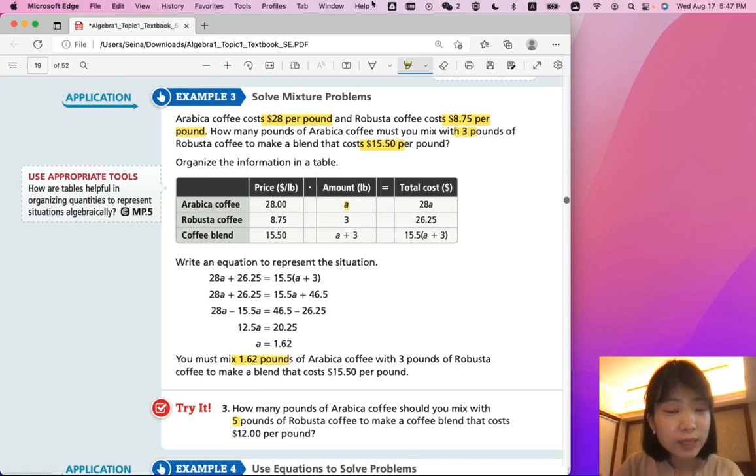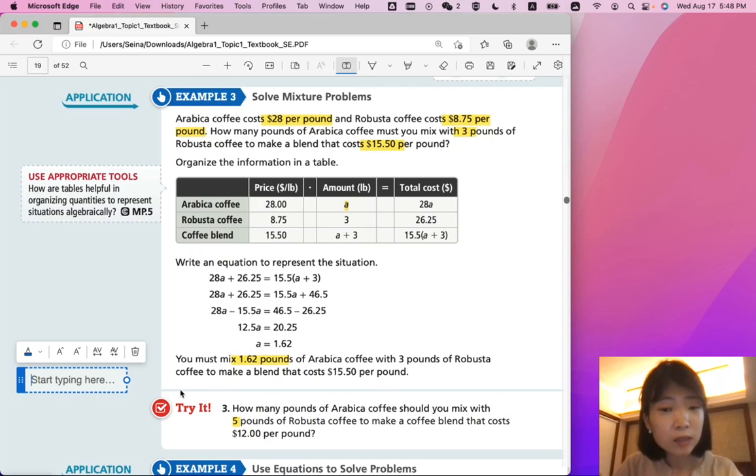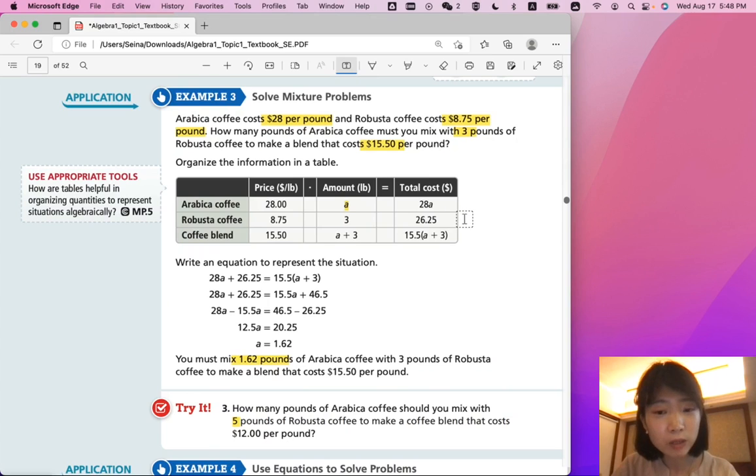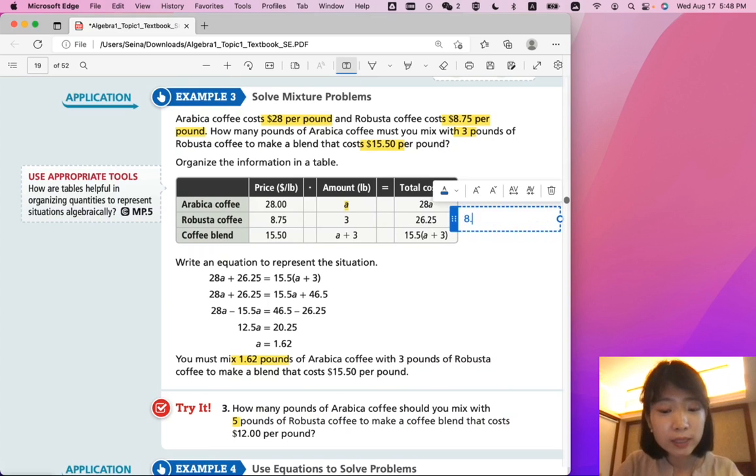Okay, have you set up the equation? Have you solved? So, instead of this table, what do you have? Arabica coffee would represent the same thing, right? But Robusta coffee, instead of 3 pounds, you have 5 pounds. So 8.75 times 5 pounds would be the total cost of Robusta coffee, which is 43.75.